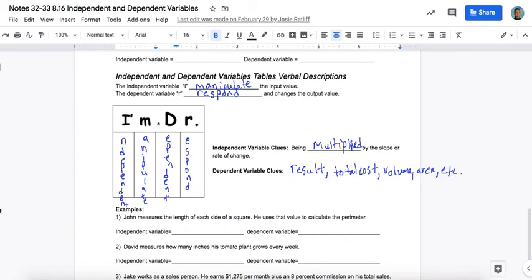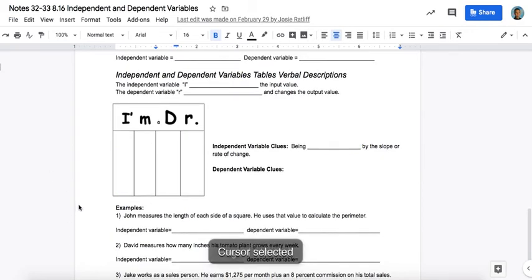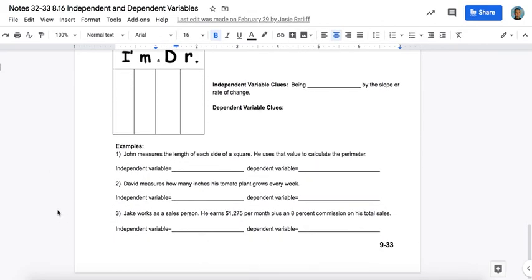Okay, let's look at some practical problems or examples here, verbal descriptions. Example number 1, John measured the length of each side of a square. He uses that value to calculate the perimeter. So think about which one you are manipulating here, and hopefully you figured out that you are manipulating the length, okay?